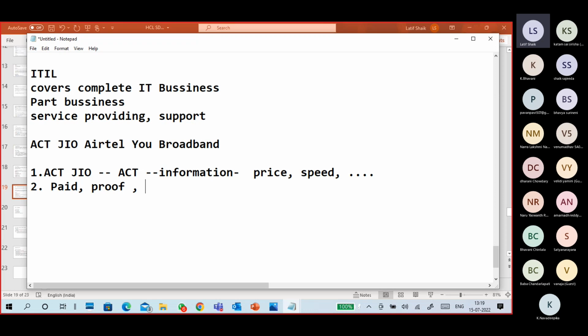I paid the amount, so then the connection is started. They will verify whether this user is genuine or not, right? So they verify the payment and whether they can give the connection or not. Payment is there, proof is correct. That's it, verification is completed.